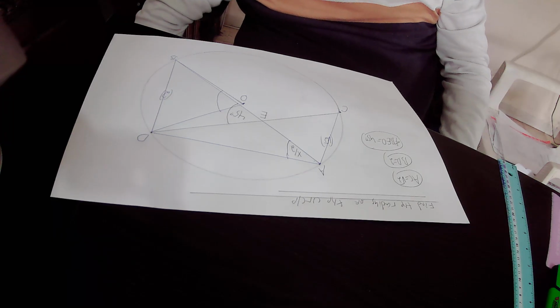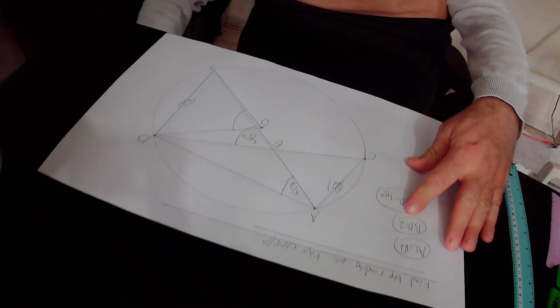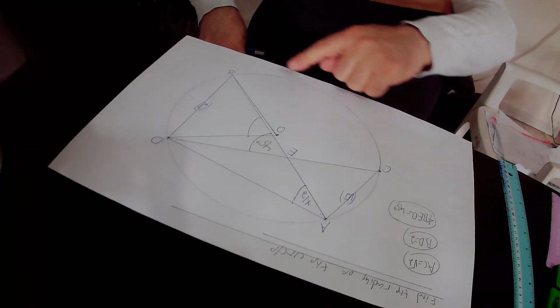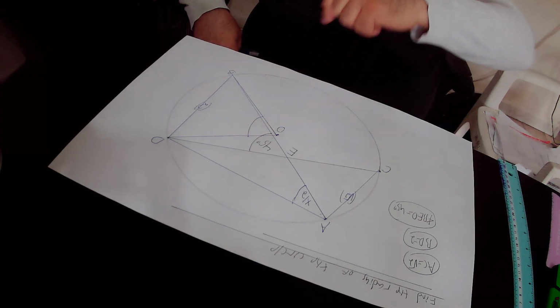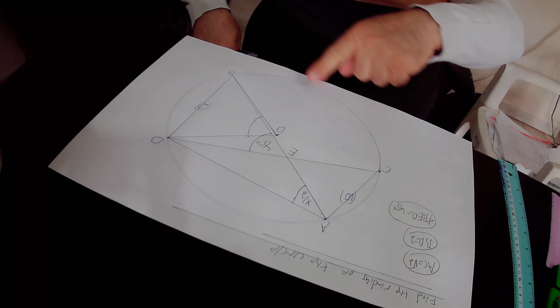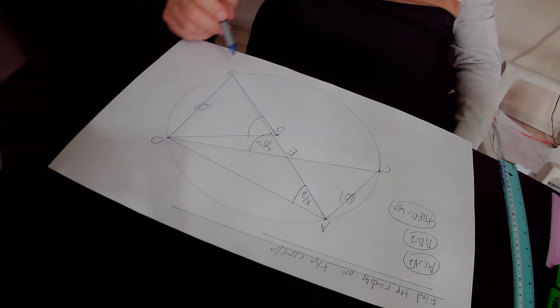In our drawing, we have peripheral angle BAD subtending on chord BD, and the center angle BOD subtends on the same chord BD.